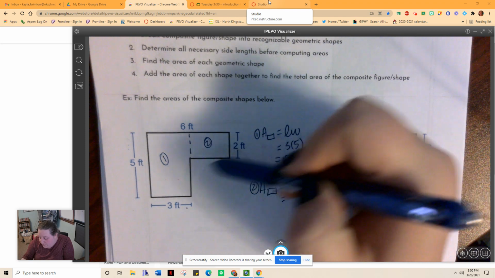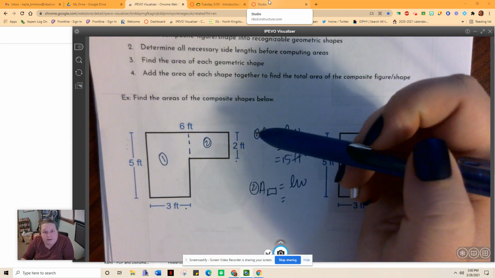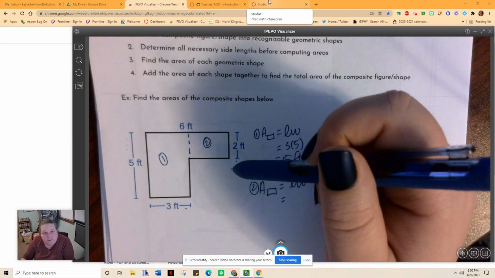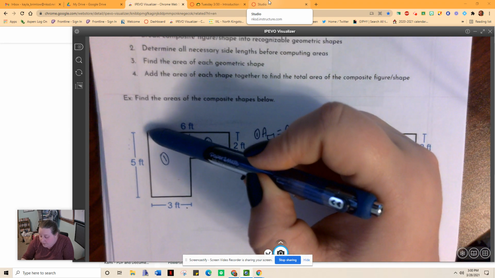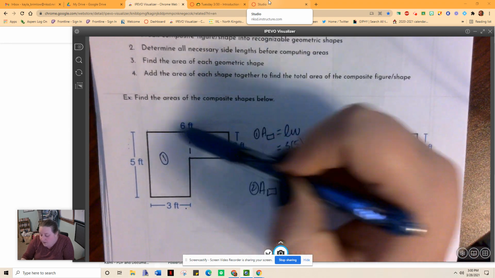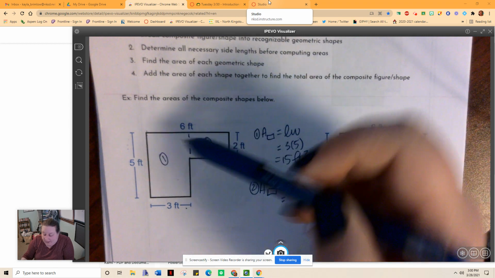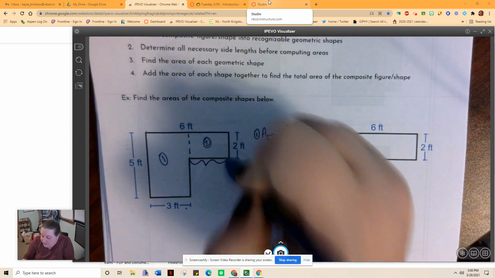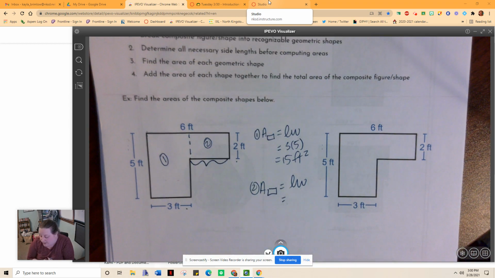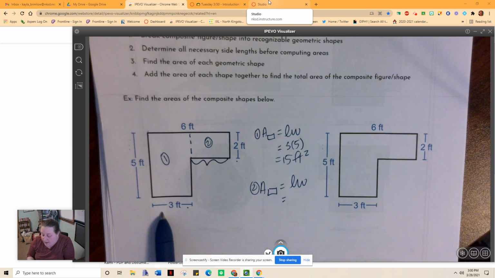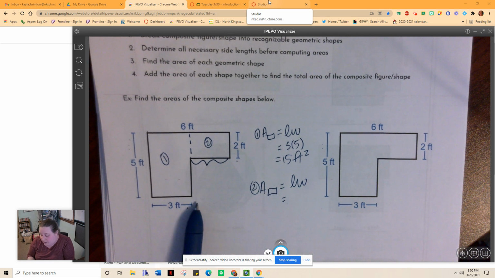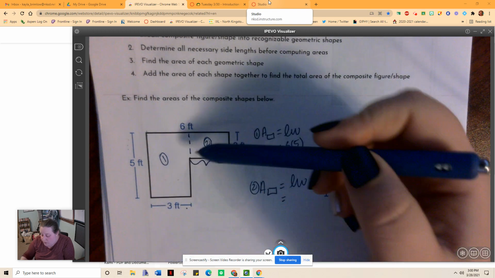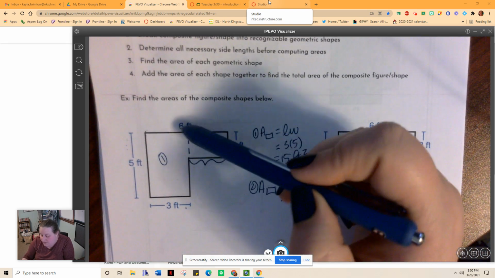Once again, I have one measurement, but I don't have this one. However, I can figure it out using other parts of my figure. This whole side right here is 6 feet, and I just need to find what this side length is so that I can use it to find area. If I look at the opposite side, I know that this side is 3 feet, which is part of this 6 feet.